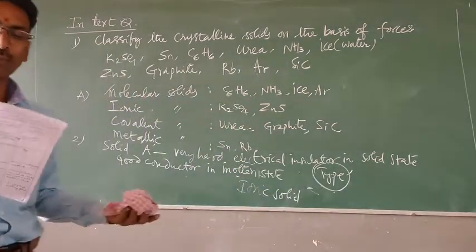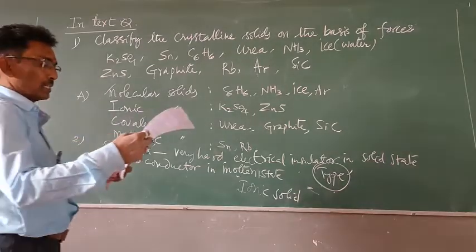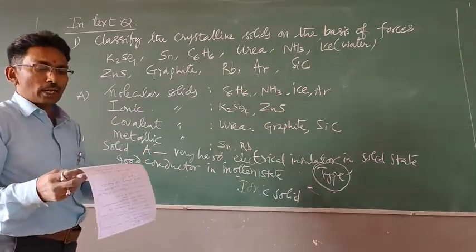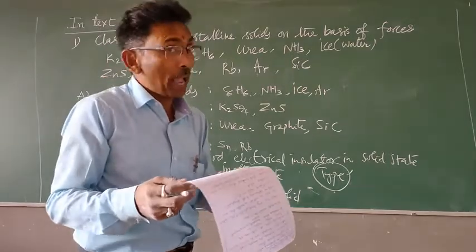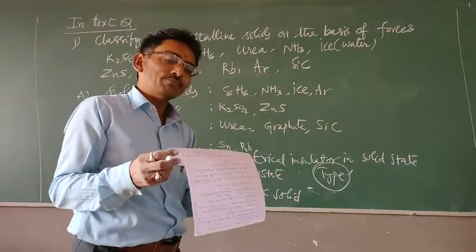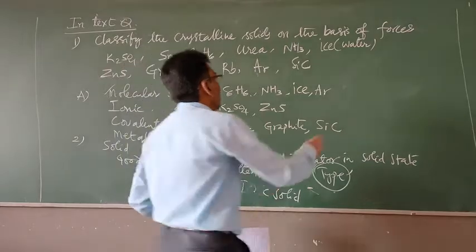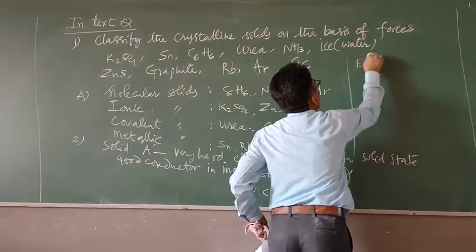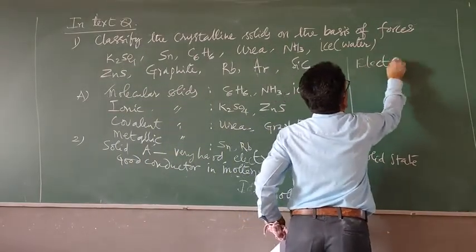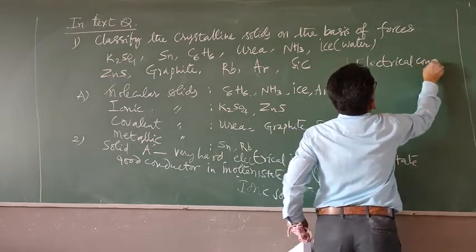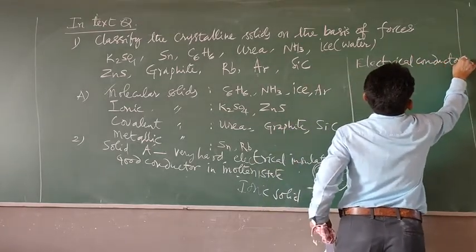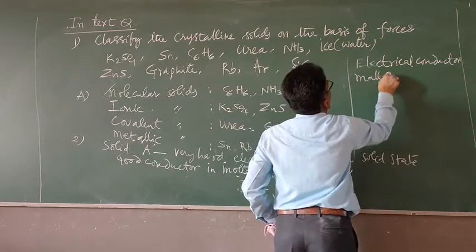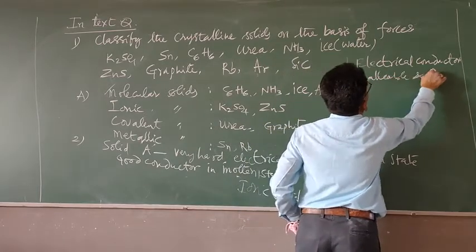Next question we shall move to. Which type of solids are electrical conductors, malleable and ductile? The material is an electrical conductor, and that material is malleable and ductile.